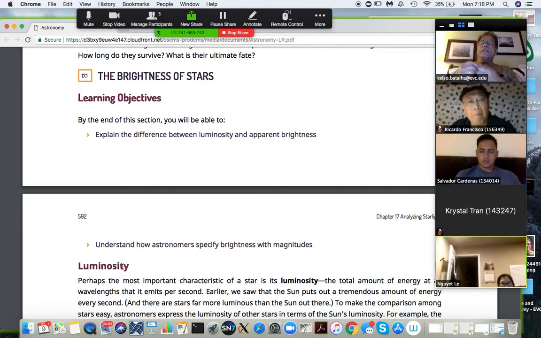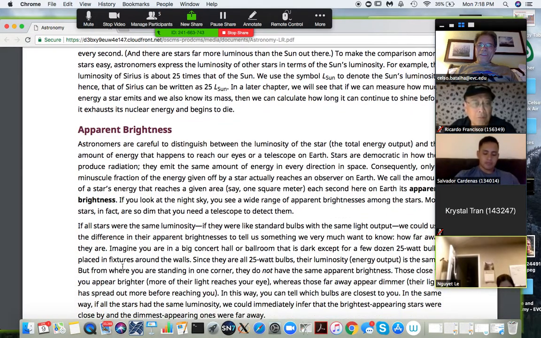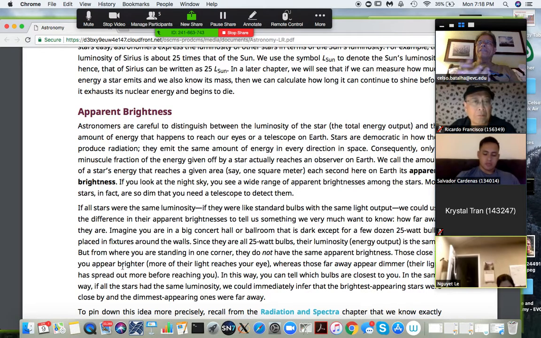So brightness is the amount of energy we receive, and luminosity is the amount of energy the object itself sends out. Got that one? Apparent brightness, as the name says, is how bright these stars appear. It doesn't tell us what we call intrinsic brightness, or luminosity.